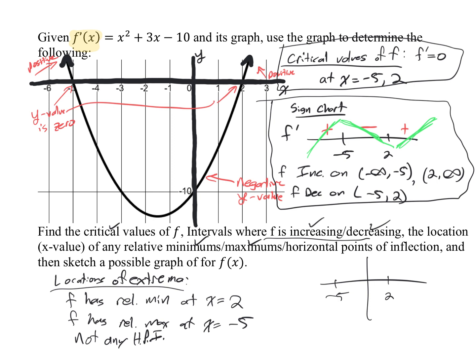I believe in the homework they want you to go through the origin. So if I did this, I'm just going to put some random point up here, some random point down here. I'm going to increase, then I'll decrease, then I'll increase. Something like that.